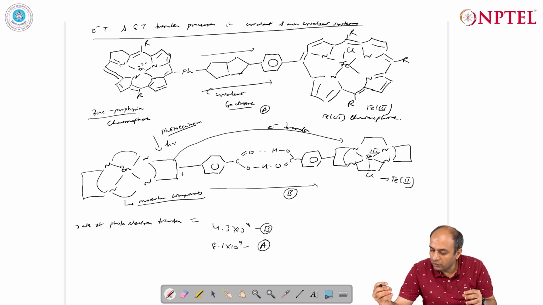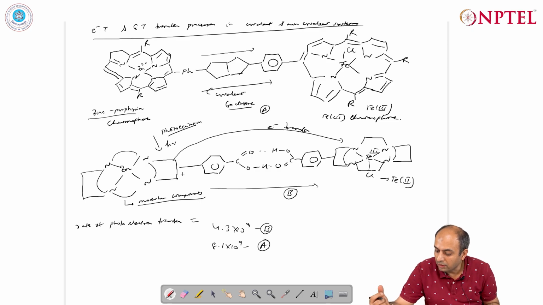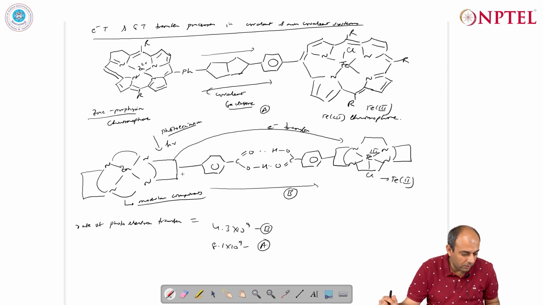And these electron transfer processes are important in different applications. For example, electron transfer processes are important in photosynthesis and also in the design of diode materials. So we see that this electron transfer process takes place in a very efficient manner.